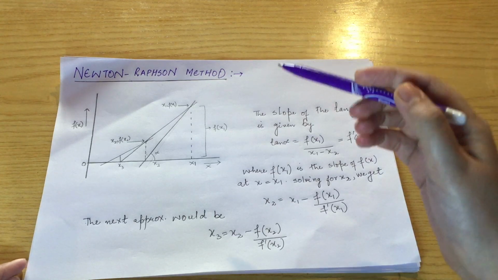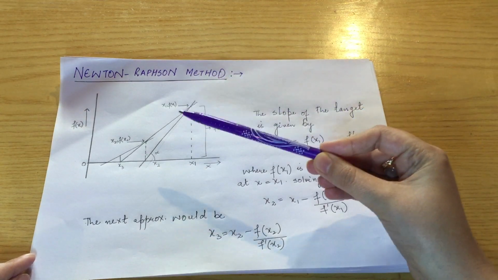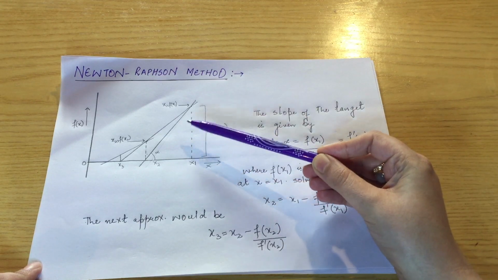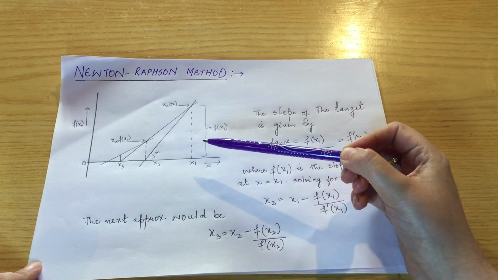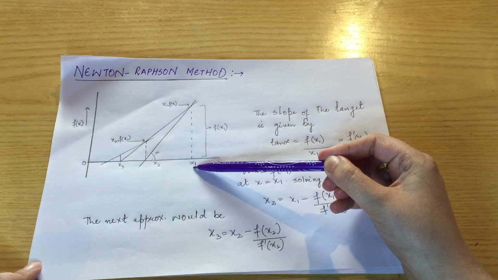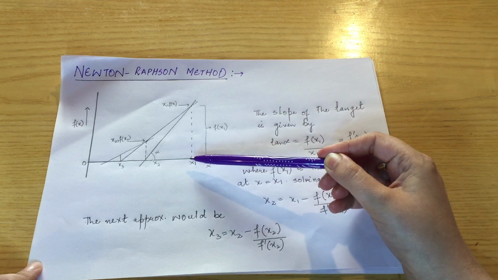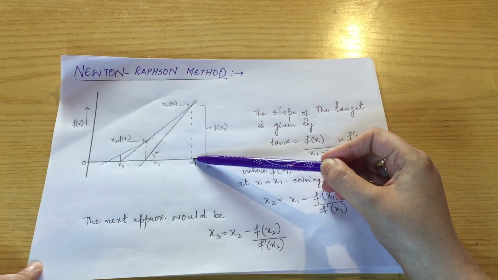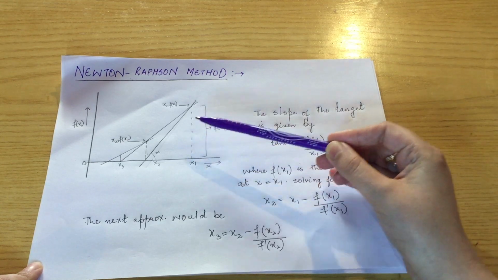So in geometrical method, we consider a graph like this. This graph we consider f of x. Then we assume that x1 is an initial approximate root of f of x is equal to 0. Then at this point we draw the tangent.